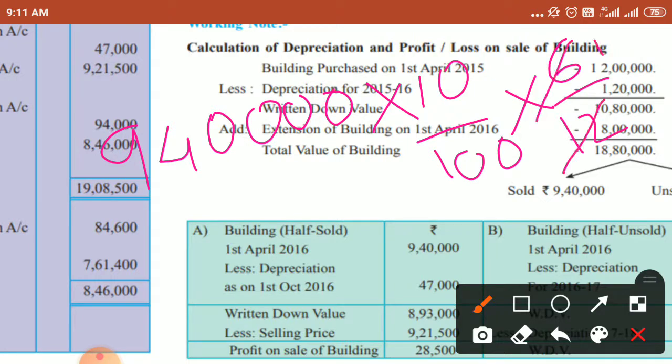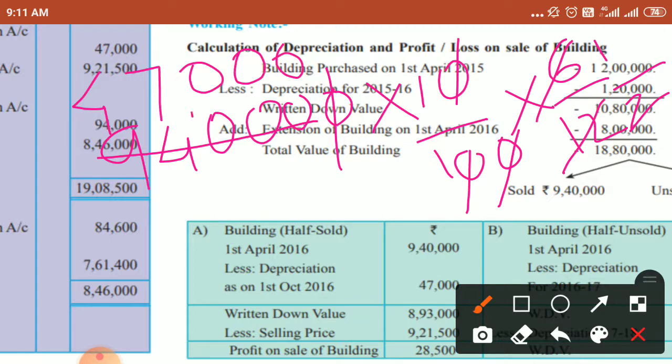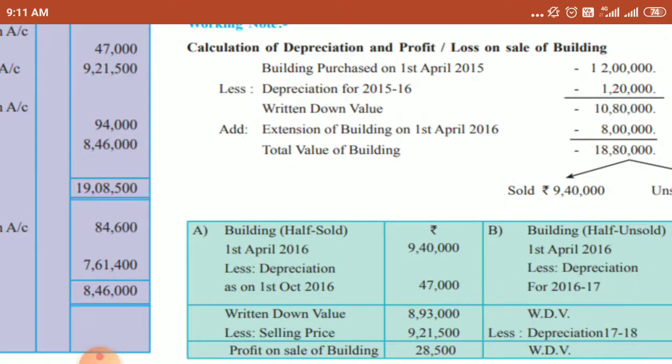The result is 47,000, the depreciation for the year on the half building sold on 1st October 2016.